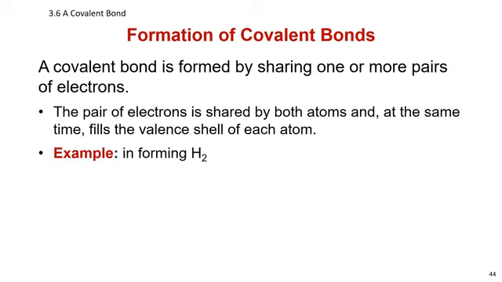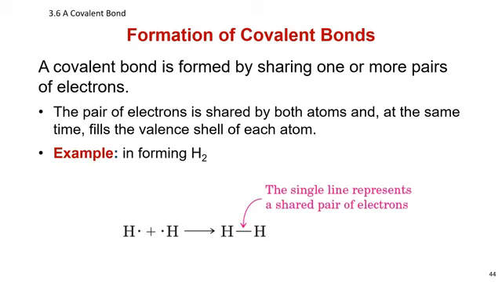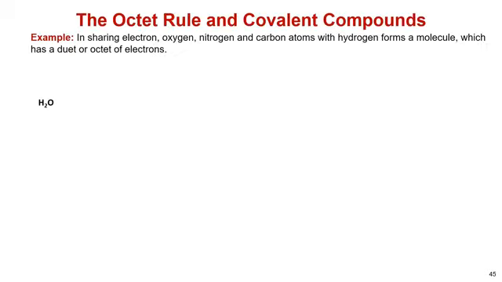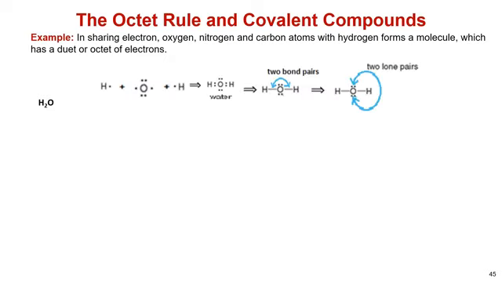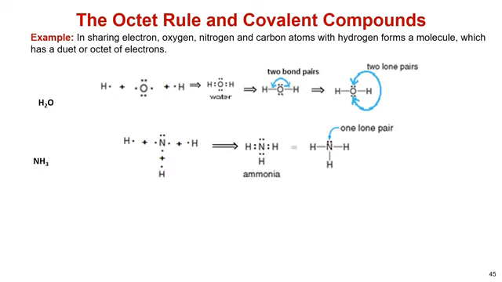Now, I'm going to go a little faster. Formation of covalent bonds. We have gone over this. The octet rule is how you get it. To draw a Lewis structure, you add all the valence electrons of the nonmetals.